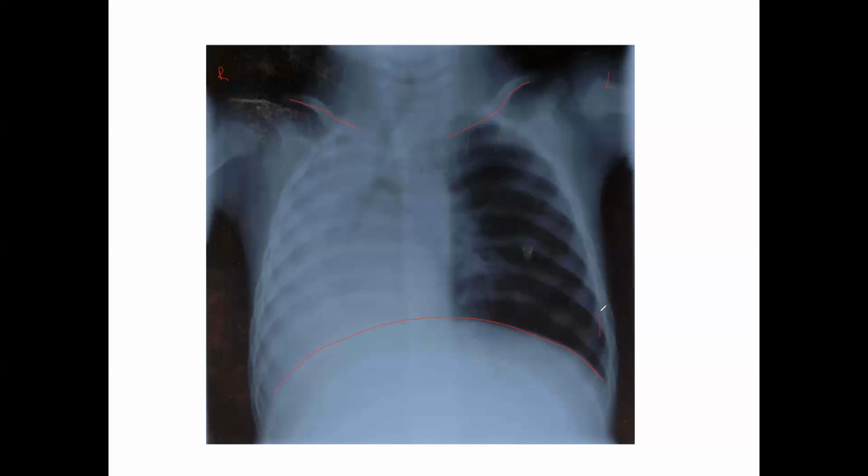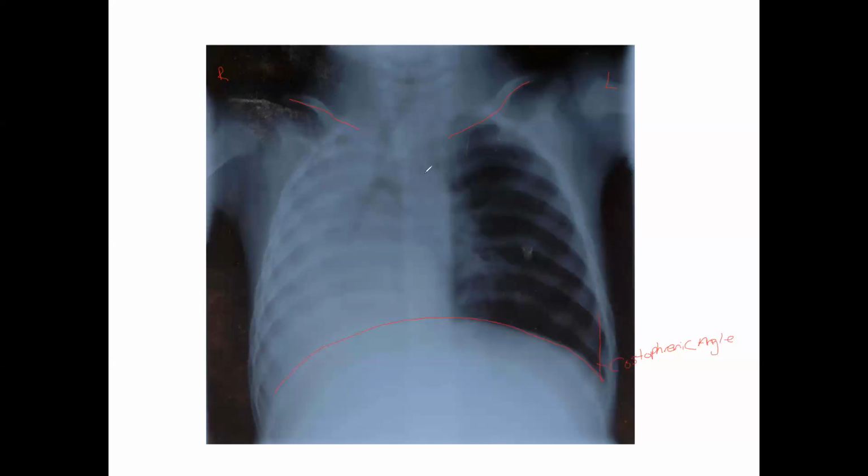Where the ribs meet the diaphragm, there's an angle that gets created right here. That's your costophrenic angle. You should also be able to pick out the trachea.